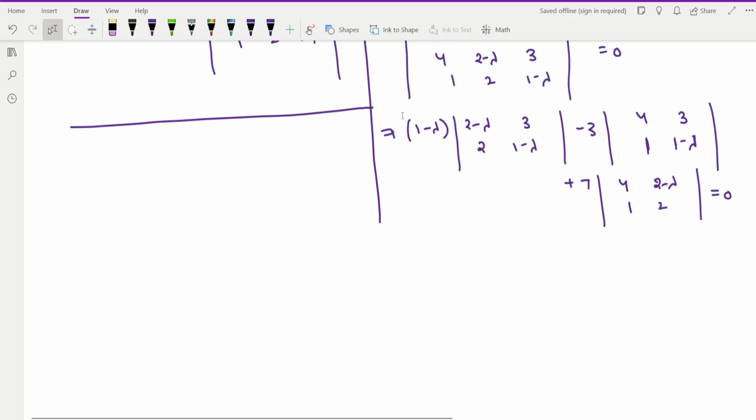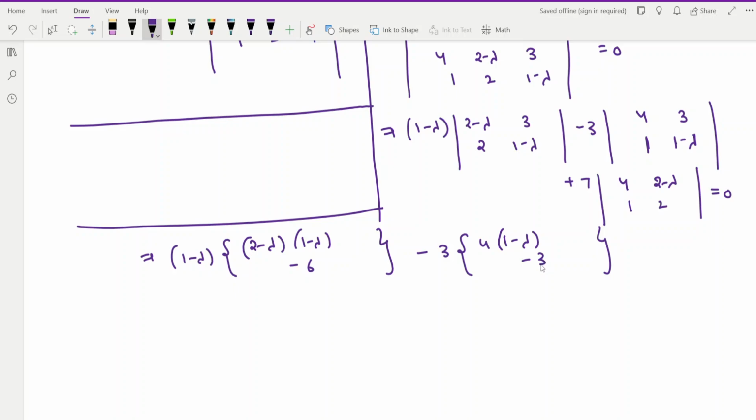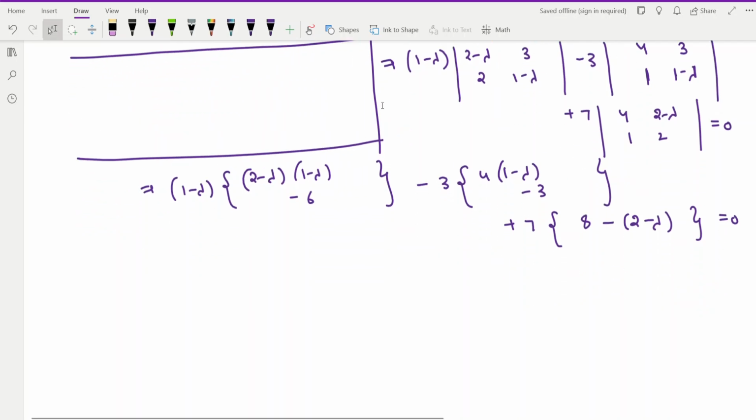Now thereafter, a little bit more simplification. So it will be like (1 minus lambda) times [(2 minus lambda)(1 minus lambda) minus 6], minus 3 times [4(1 minus lambda) minus 3], and plus 7 times [8 minus (2 minus lambda)], and that is equal to 0.